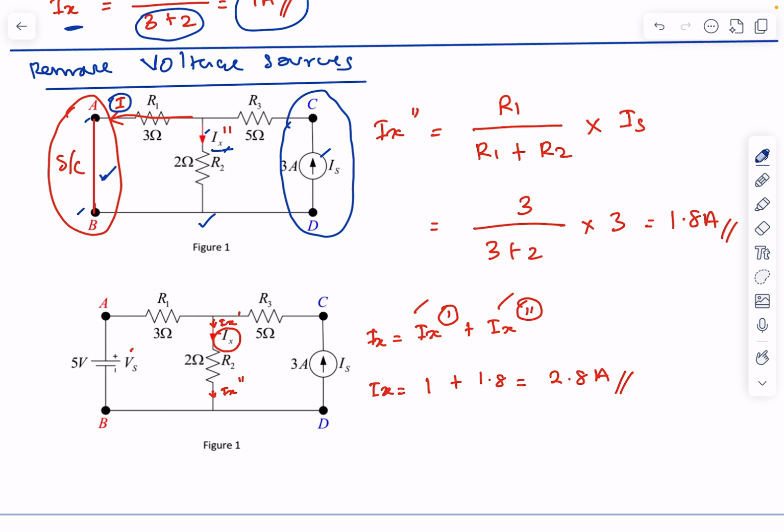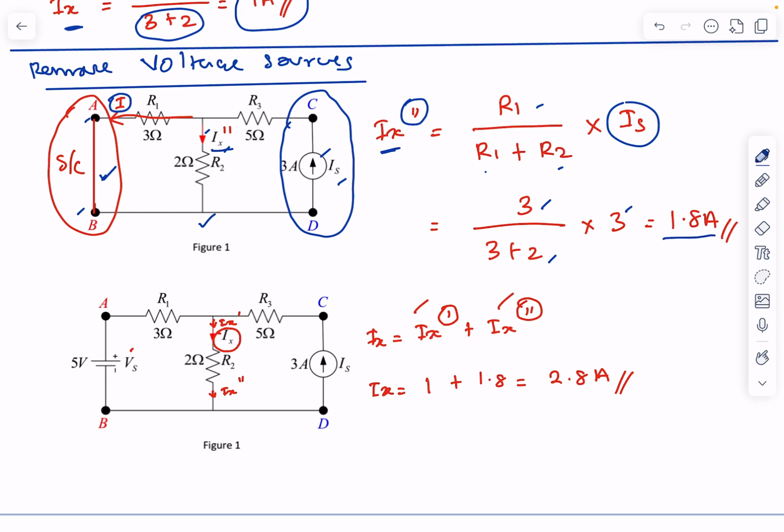Ix double prime equals R1 divided by R1 plus R2, times Is. This is the current divider rule equation. R1 equals 3 ohm, R2 equals 2 ohm, times 3 ampere as the source current, so you get 1.8 ampere.